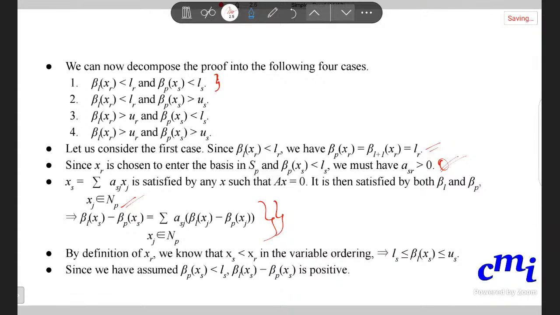So basically what we'll show is that this is positive, and we'll show that this can never be positive. It will end up negative, so there's a contradiction. First we'll show that beta L of xs minus beta P of xs is positive. Like I said, xr is the largest in the variable ordering, so xs is lesser than xr in the variable ordering.